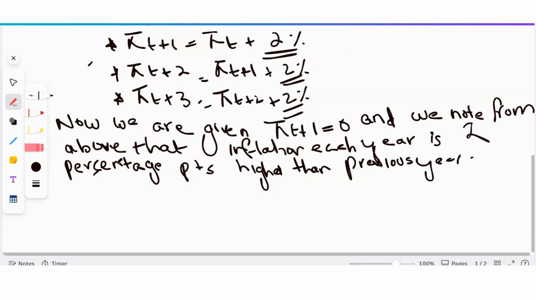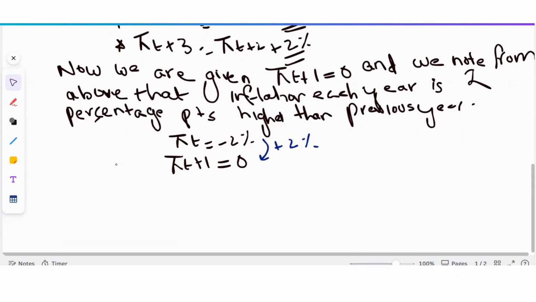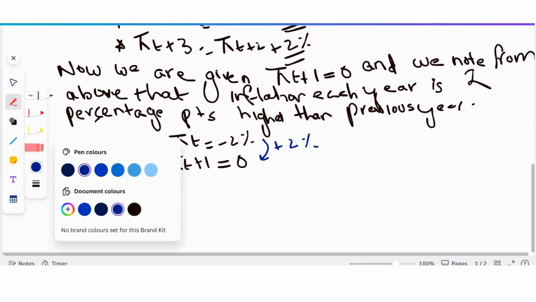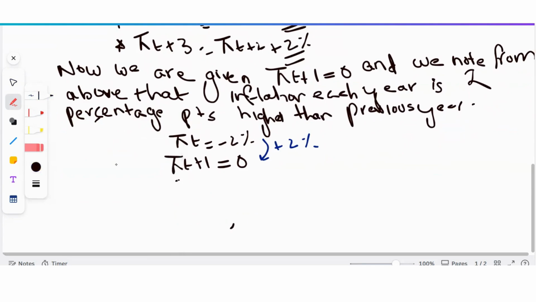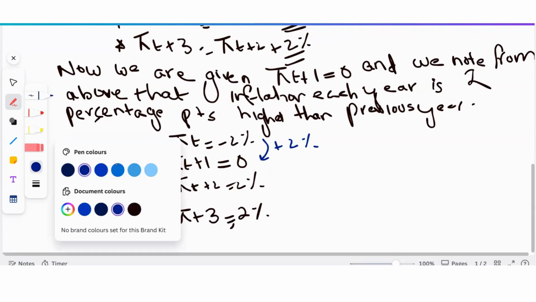So if inflation in year t plus 1 is 0, then in year t it must be minus 2%, because it goes up by 2% every year. Then pi t plus 2 should be 2%. Similarly, pi t plus 3 should be 4%, because it goes up by 2% every year.